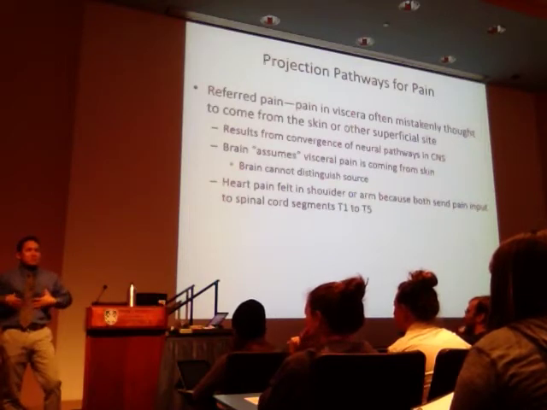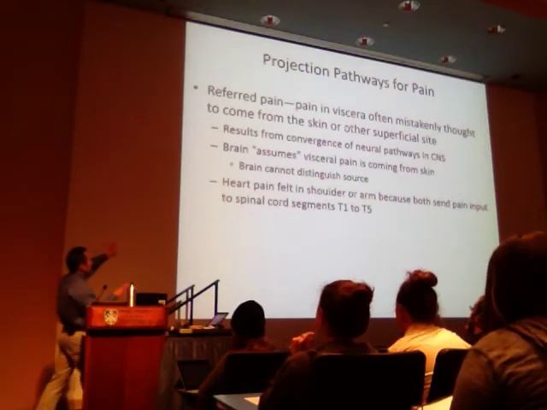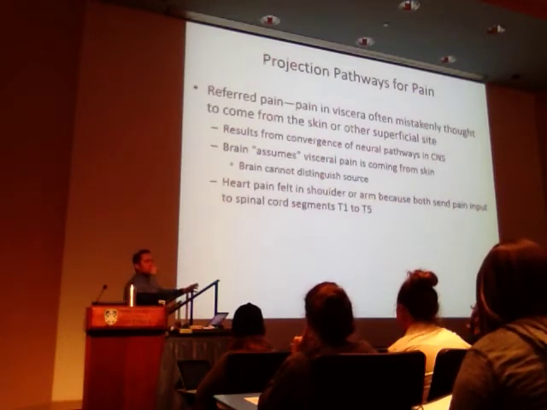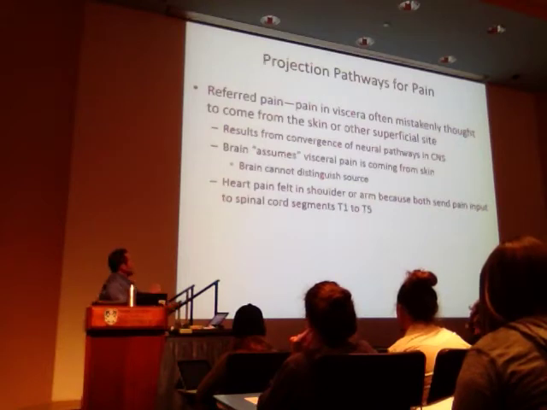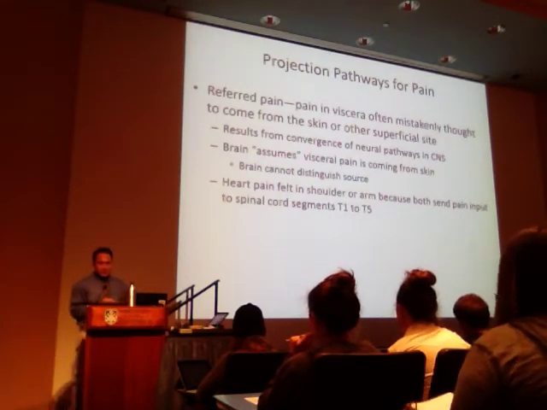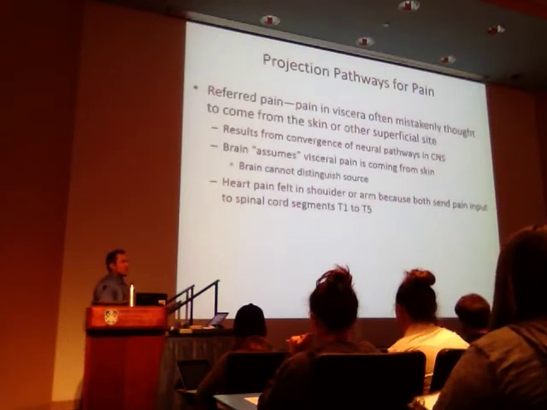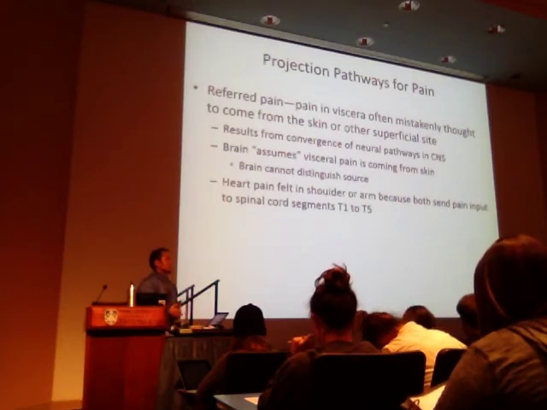It's just sort of like, oh, it hurts. Because the brain has to interpret this signal like a wiring pathway, and it has to try to distinguish the source. If it can't distinguish the source, then it assumes that it's coming from a more superficial location most of the time. Sometimes it can be felt at the level of the skin.